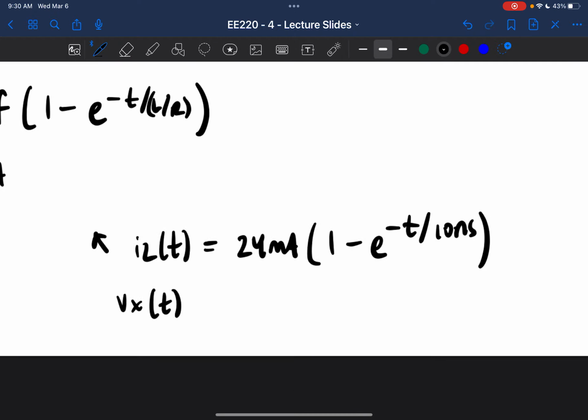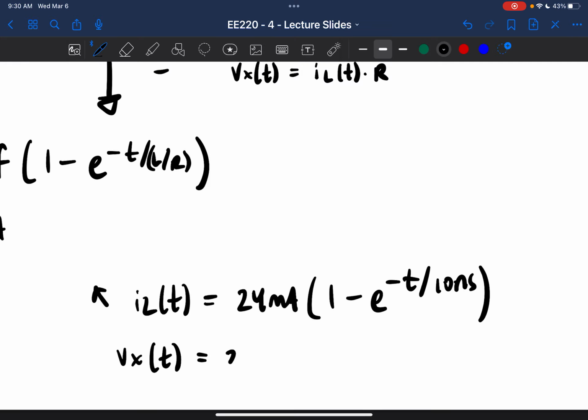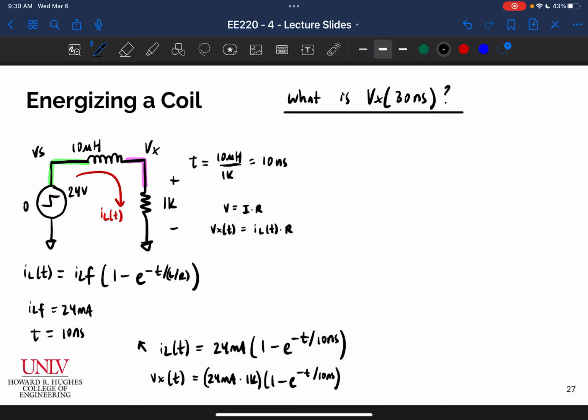So I can just say Vx of t is going to be 24 milliamps times 1K times 1 minus e to the minus t over 10 nanoseconds. And that's just going to give me 24 volts times 1 minus e to the minus t over 10 nanoseconds, okay? And so then in order to determine Vx at 30 nanoseconds, all I got to do is plug 30 nanoseconds in right here.